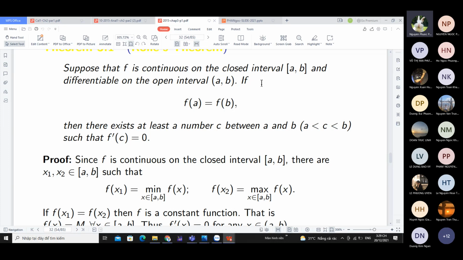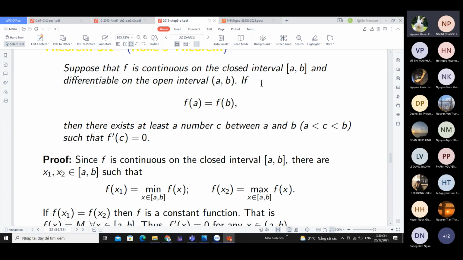Now we consider two different cases here. Case 1: the maximum value equals the minimum value, I mean f(x1) equals f(x2). What happens if the maximum value equals the minimum value?